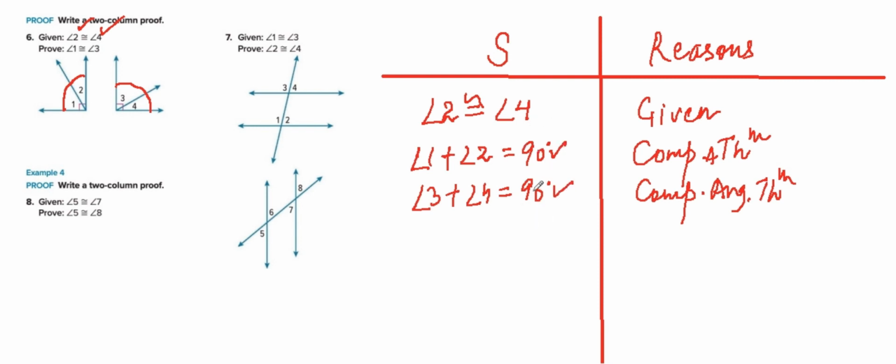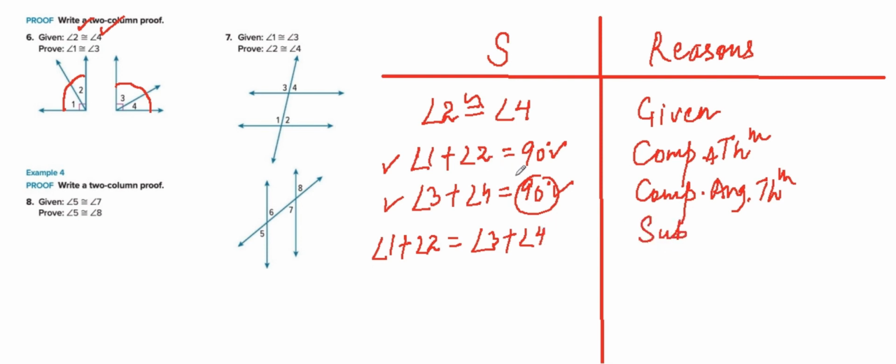If one side of the equation is equal, other side will also be equal. So what you can write here? Substitution. Just you can say that in place of 90 degree, you can write 1 plus 2. So angle 1 plus 2 equal to angle 3 plus angle 4. What is the reason? You can say substitution.